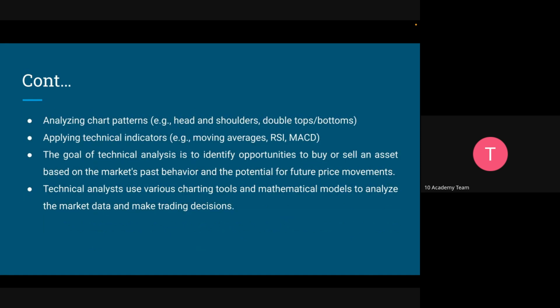The other element that exists in technical analysis is analyzing chart patterns. If you see market sites and everything, they have these chart patterns. Even these chart patterns are something that you guys can also plot and see, trying to understand how these patterns are translated through the charts.